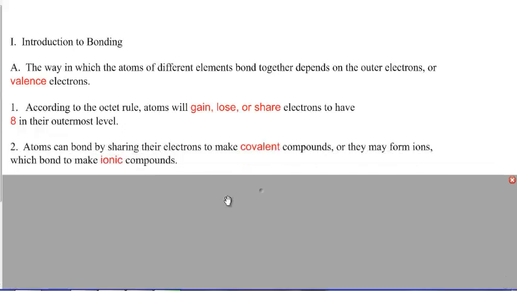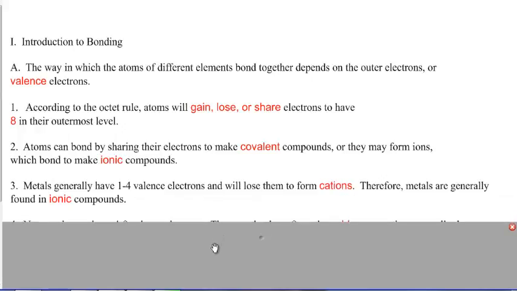Atoms can bond by sharing their electrons to make covalent compounds, or they may form ions which bond to make ionic compounds. So if the atom is gaining or losing and forming an ion, that's going to become part of an ionic compound. One cation will bond with one anion. But if the electrons are going to be shared, which would only be done through nonmetals, it's going to be covalent.